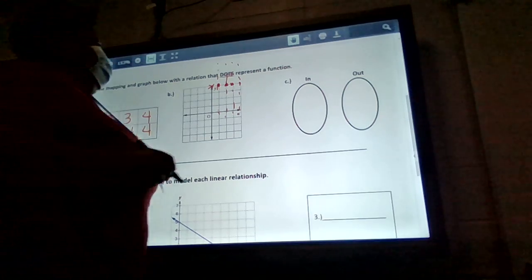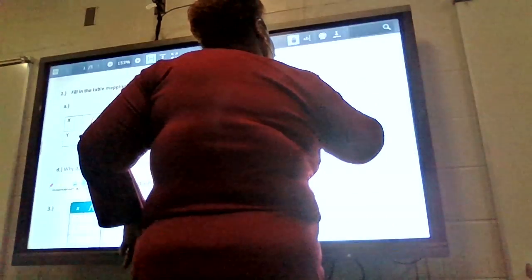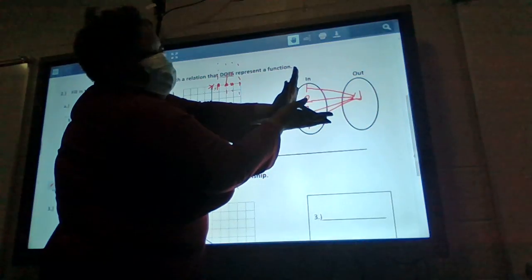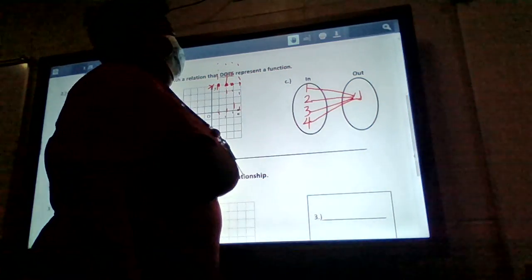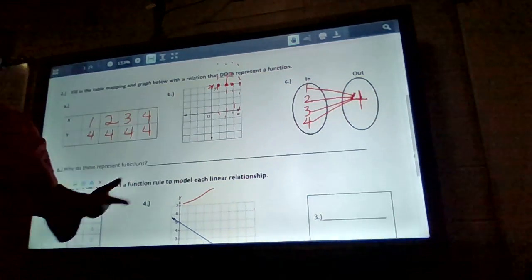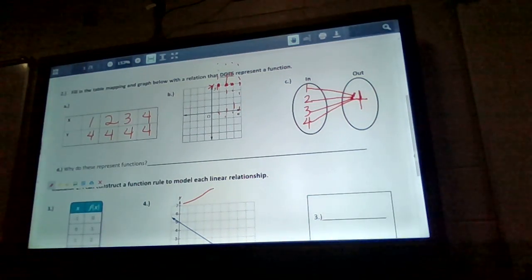And on a mapping diagram, it looks like this. We don't have the alligator mouth coming this way, so it is a function. It's just a horizontal line, but it's still a function.